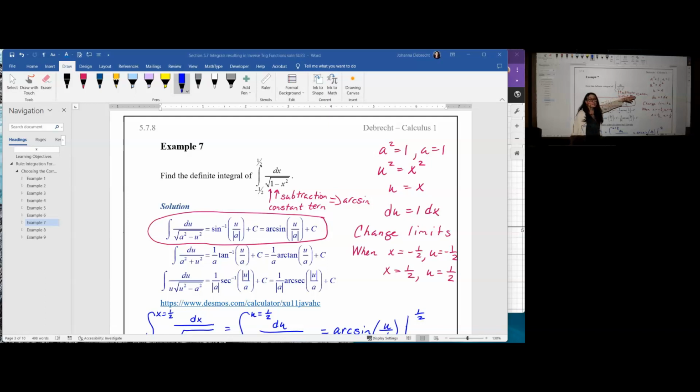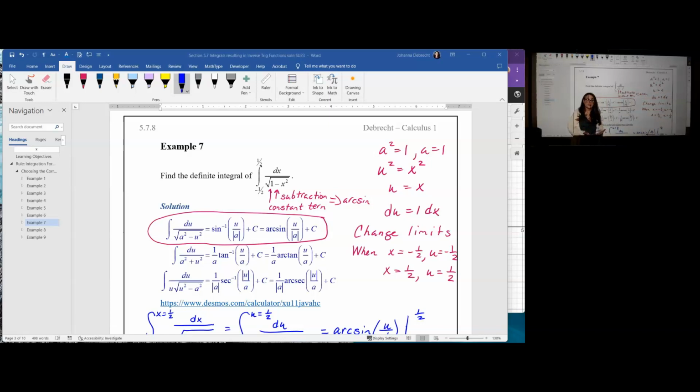That means that it must be arcsine. And I tried to identify each piece. The constant term is always a squared. A is the principal root, 1. The variable term is always u squared, and the principal root this time gives me u equals 2x.